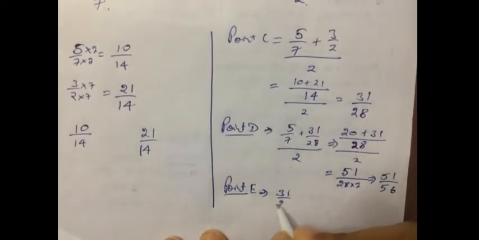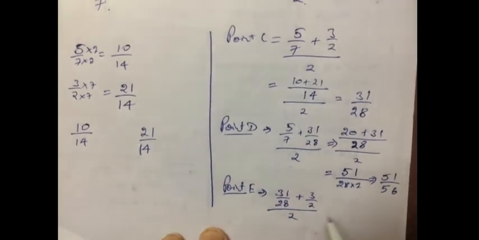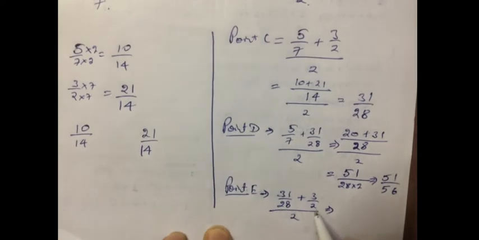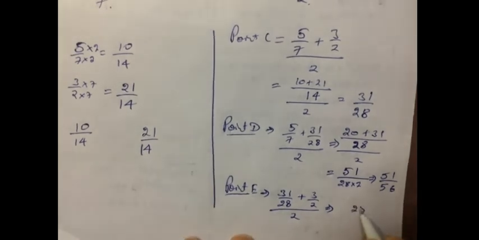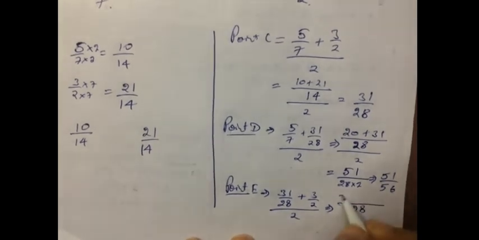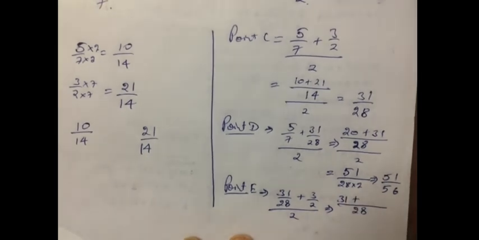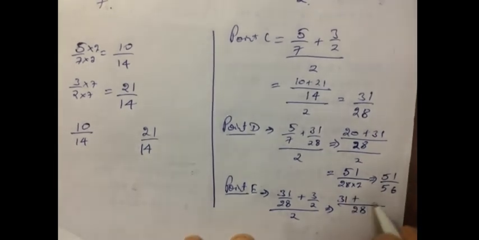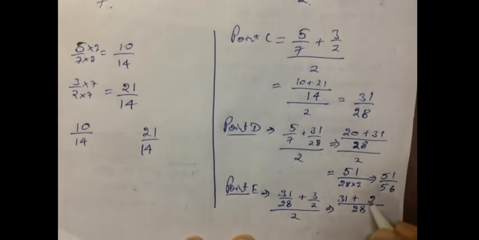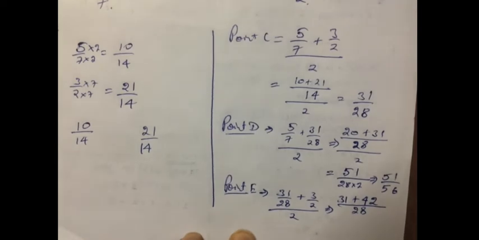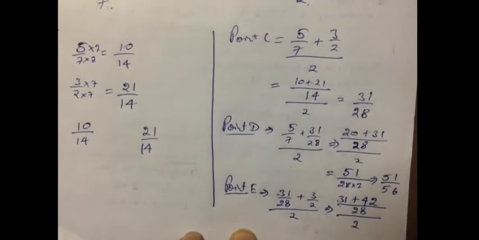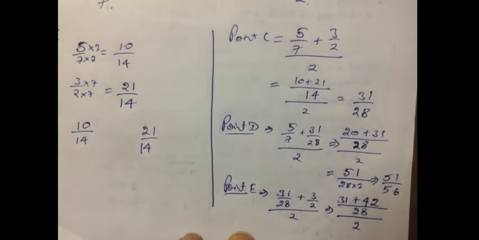C is 31 by 28 plus 3 by 2 upon 2. 28 and 2 have a common factor 2 in between, so the rest of the number is 14. 28 will be LCM. 31 plus 3 into 14. 3 into 14 is 14 into 3 is 42 upon 2 at the base.